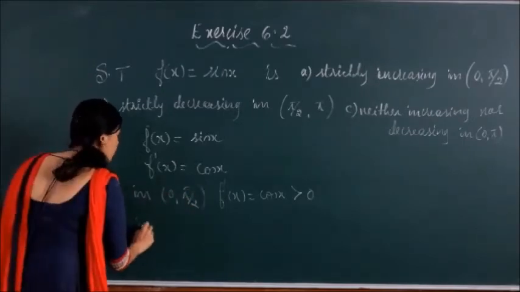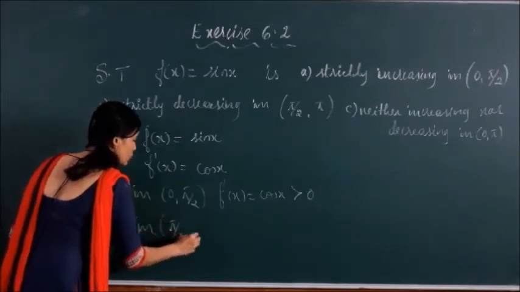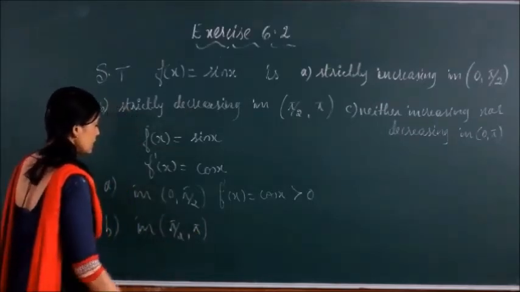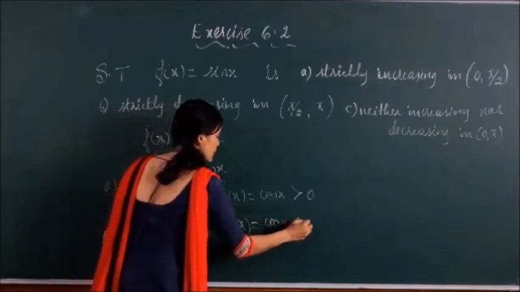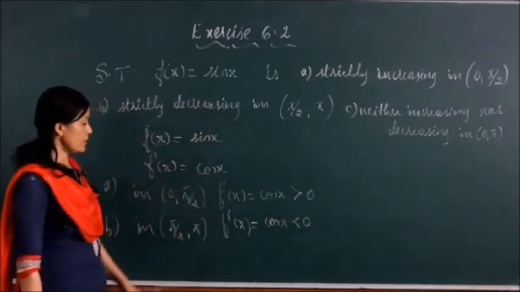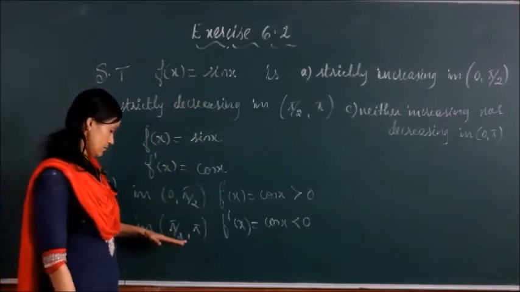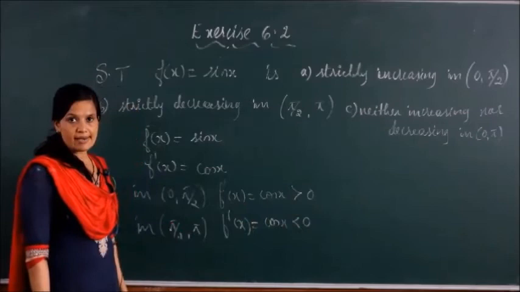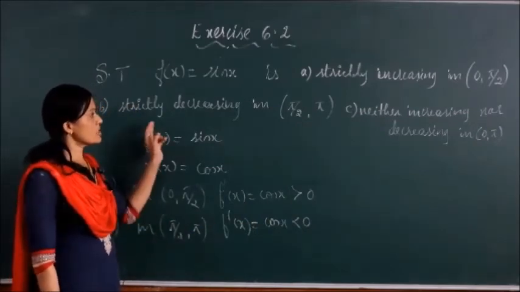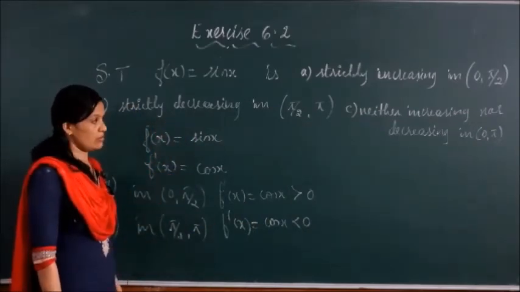So, in the interval pi by 2 to pi, f dash of x is cos x, which is less than 0 in the second quadrant. In the second quadrant, cos x is negative, less than 0. Hence, the function is strictly decreasing.